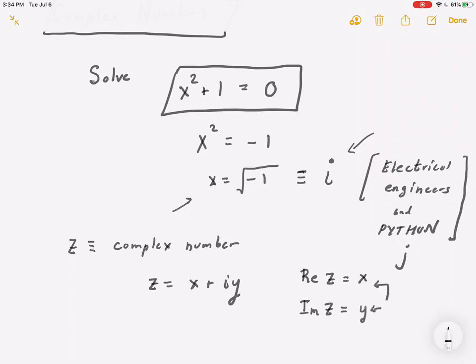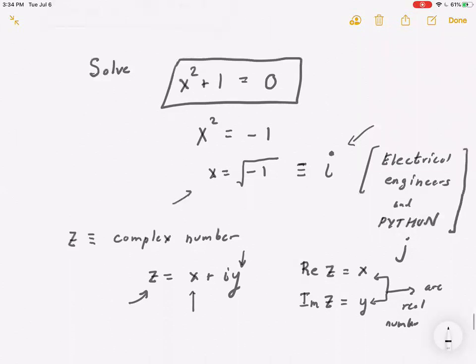And please don't be confused here: x and y are real numbers. What makes this a complex number is that you take the real number y, multiply it by i, and then add that result to x, and that gives you a complex number.